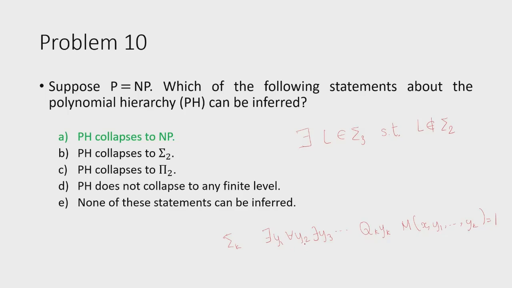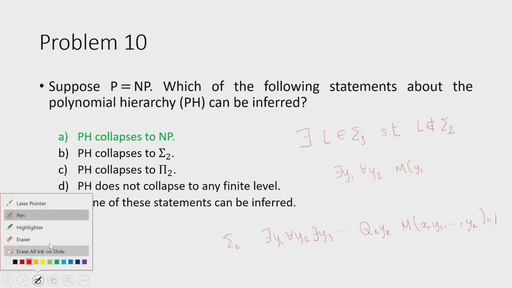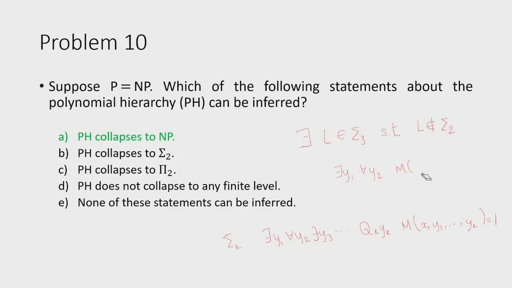For example, there exists y1, for all y2, M of x comma y1 comma y2 is equal to 1. Now, suppose I want to make y2 dummy, then what will I do? My machine will completely ignore y2. Then this would be trivial for the for all y2 to work, if it just ignores y2 completely.